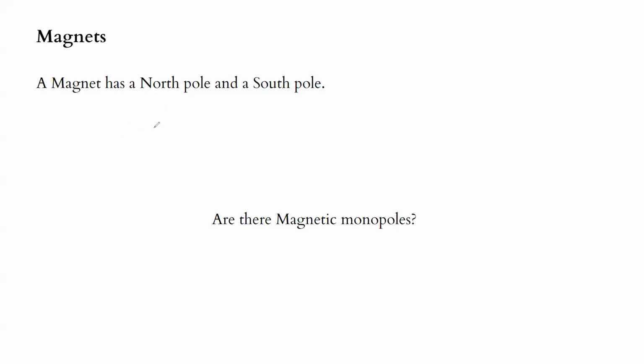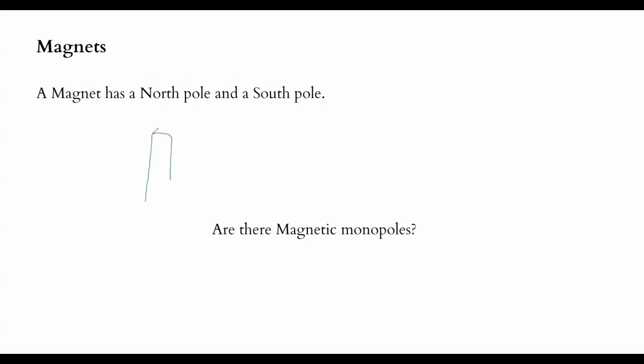Normally in all magnets we have a north pole and a south pole, right? Have you seen a magnetic monopole? Have you seen a magnet with only one pole, only a north pole or only a south pole? Actually, we don't have magnetic monopoles in existence in the world as of now.